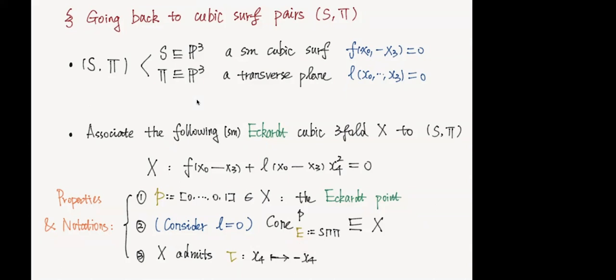Of course, this X also has an involution, which sends this new variable X4 to negative X4, and it fixes this Ichi-card point P and the complementary hyperplane X4 equals 0. In the rest of the talk, I will keep using these notations like P, E, tau, S, and pi.